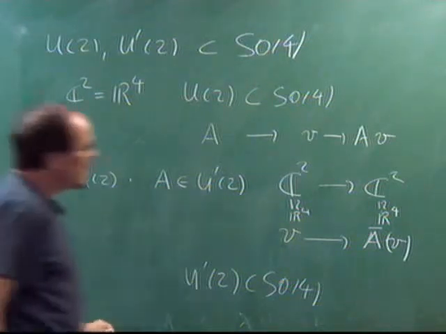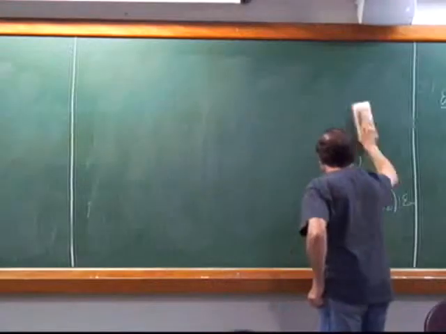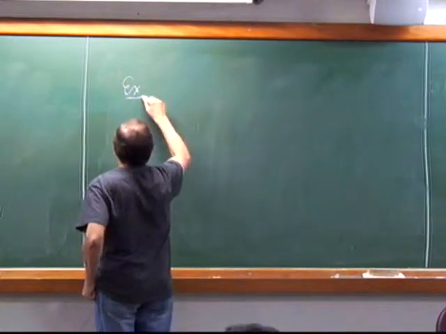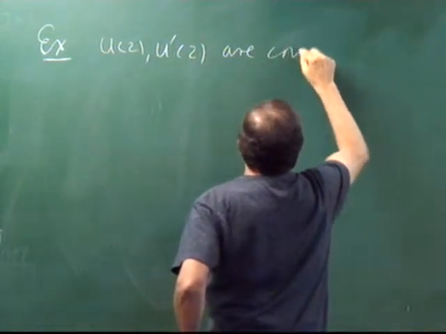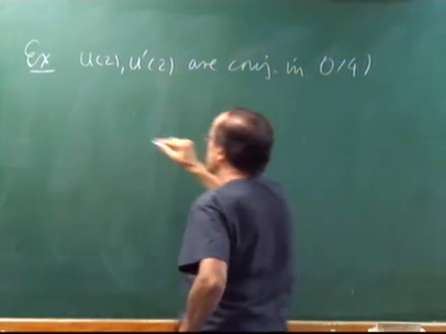And now here's the following exercise. U2, U prime 2 are conjugate in O4, but not in SO4.